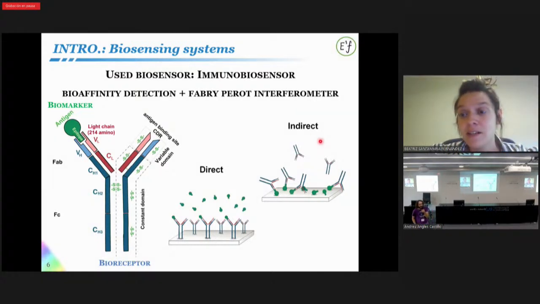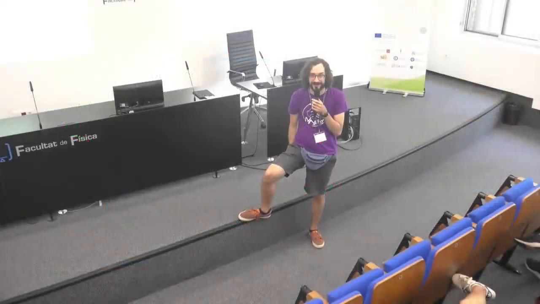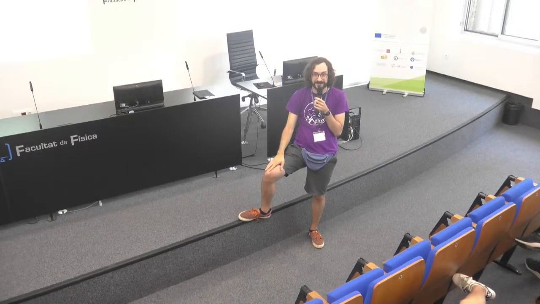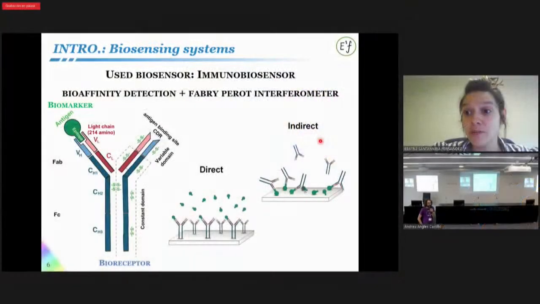My question is, how do you produce these antibodies or the disease proteins for the detector? Do you produce them synthetically, or do you obtain them directly from biological systems?